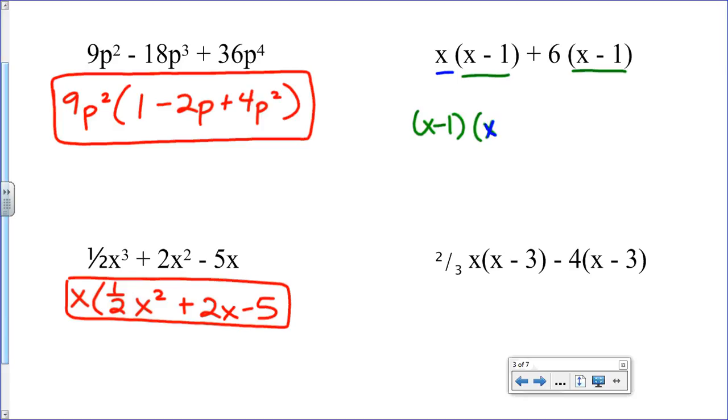And then for my second group, what do I have left? Yep. Positive 6, so plus 6. And so that is how it factors. Okay, do the same thing for this fourth one.